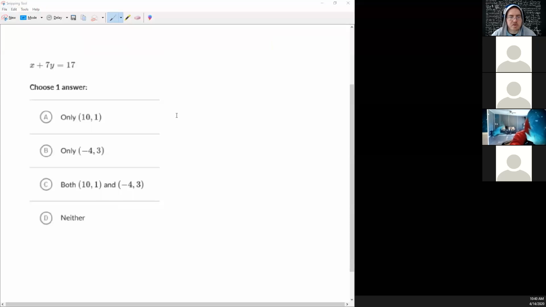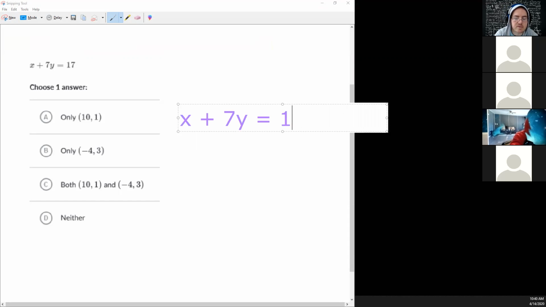So let's just go ahead and write out x plus 7y equals 17. And they gave us x values and y values.